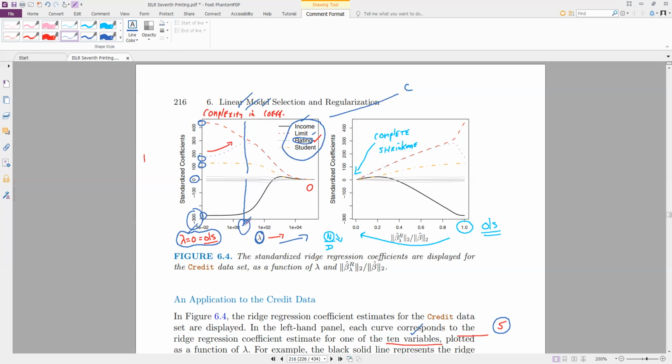Otherwise, any lambda greater than 0 should result in coefficients that are close to 0, or at minimum, all decreasing. And that's why on the previous page, when they say that if you adjust lambda it causes the shrinkage, well, yeah, it causes the shrinkage, but only in the limit as lambda goes towards infinity.